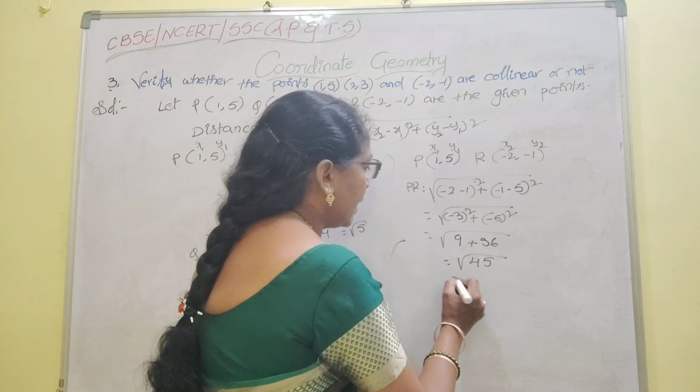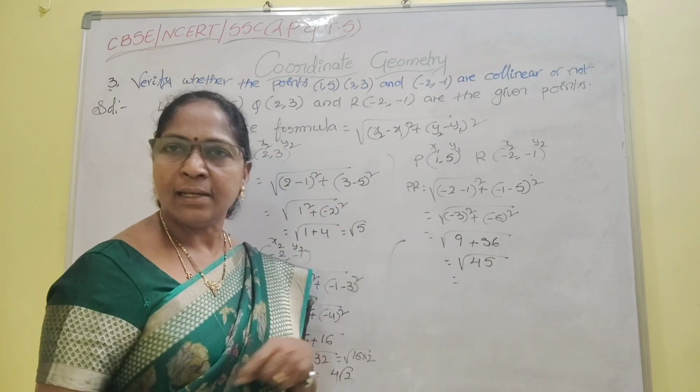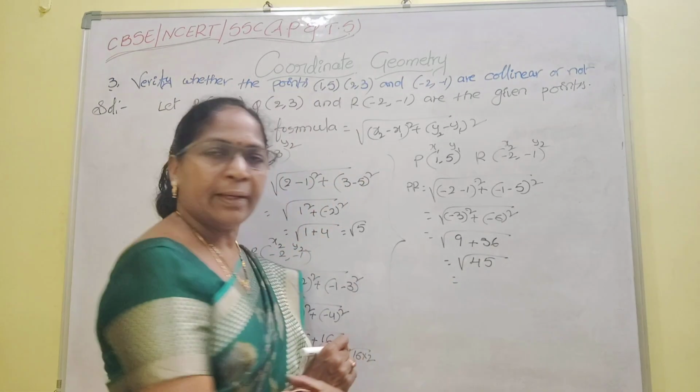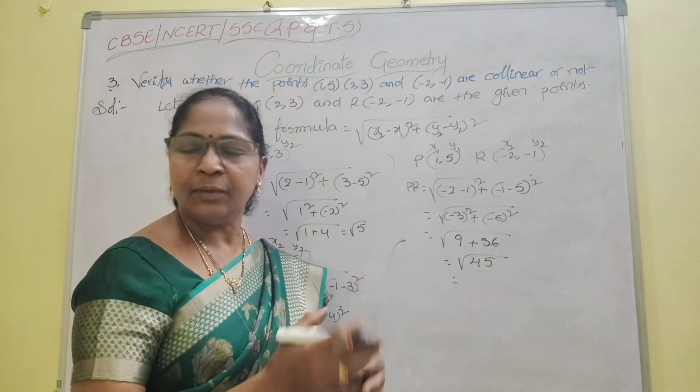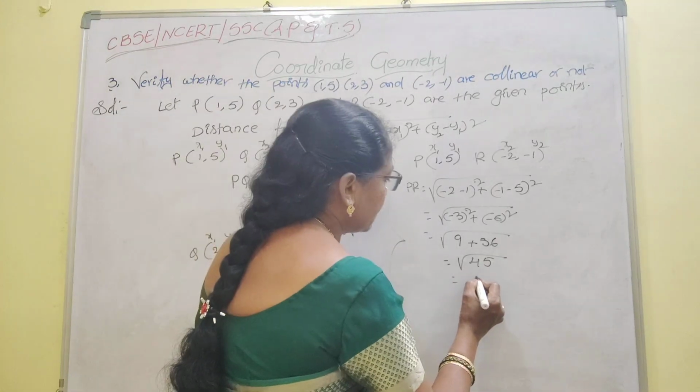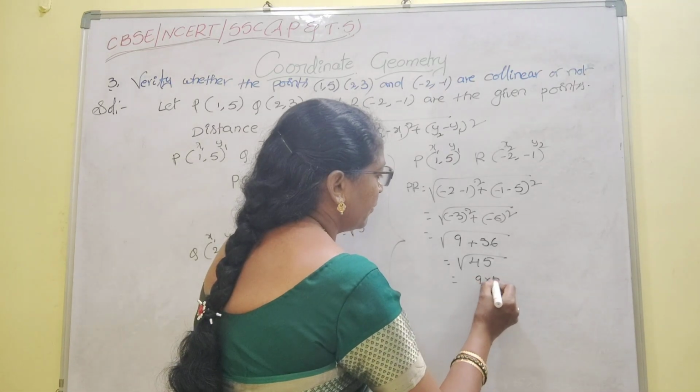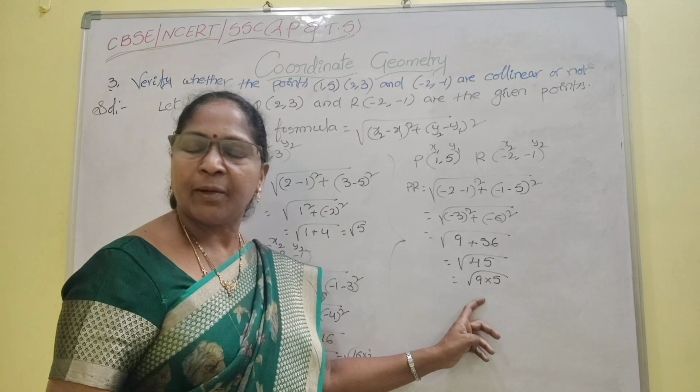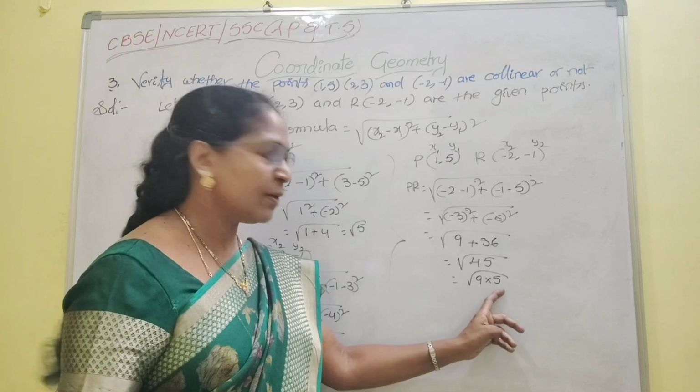How can you write this? 15 into 3 is 45, but 15 and 3 are not perfect squares. Again 9 into 5 is 45. Always multiply a perfect square number with a non-perfect square number.